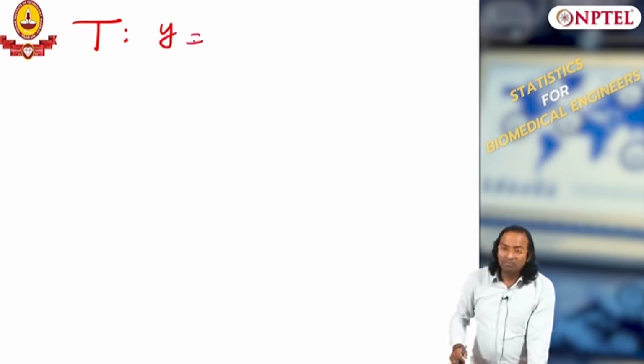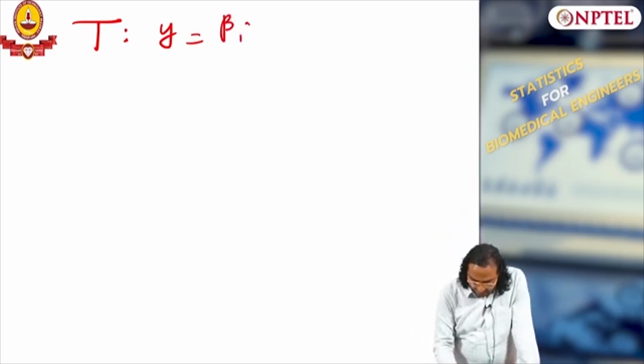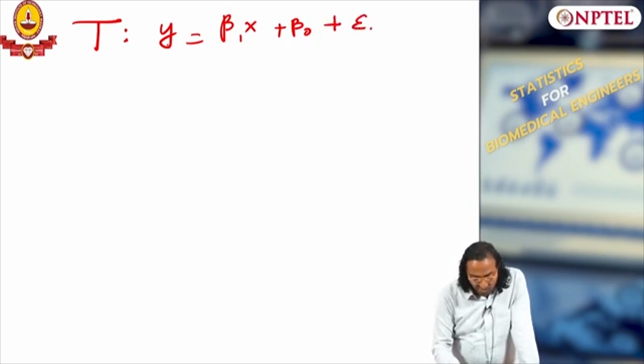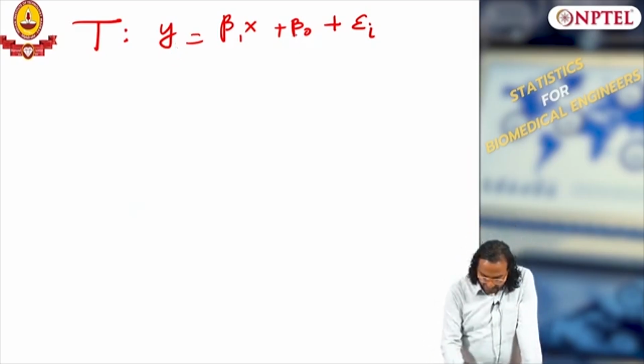I assume that the truth is also generated using a linear model, but with a noise. So, if I write it as yi, it is going to be plus epsilon i. I will generally write it as epsilon because I have not used it earlier.